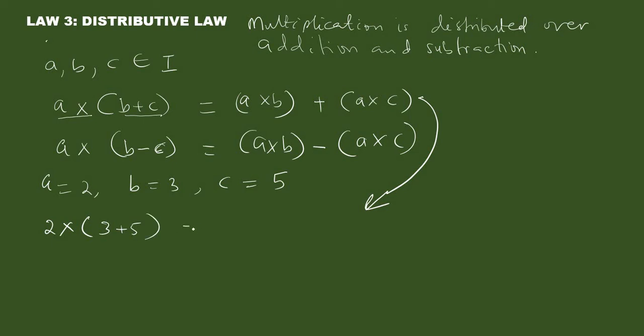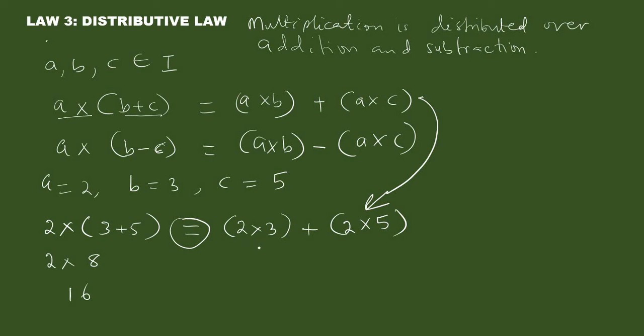Is it going to be the same as 2 times 3 plus 2 times 5? For this we can simply add what we have in the brackets, and that gives us 8, and our result is 16.